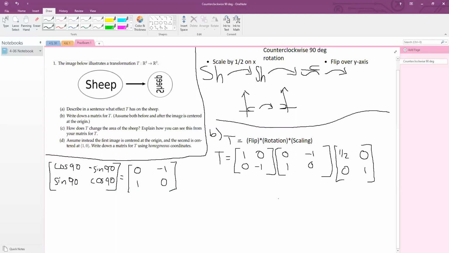And I'm not going to do it right here, but if you multiply this all out, you should end up getting 0, 1, 1/2, 0. All right, and that'll be your transformation matrix.